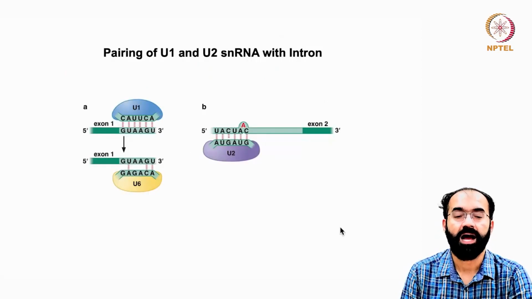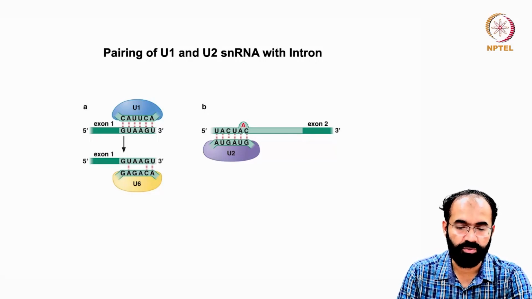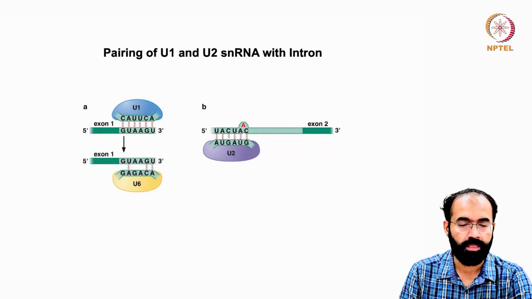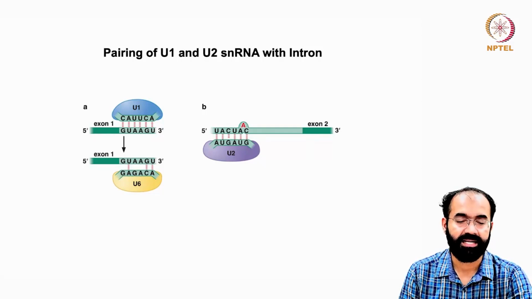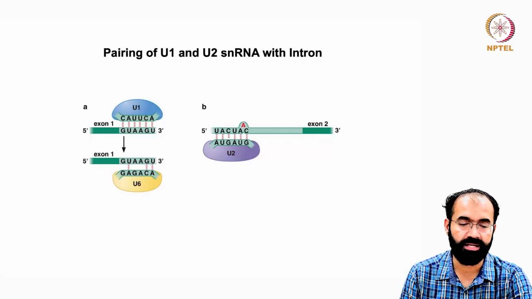Now let us see how the pairing is taking place. The U1 and U2 snRNAs, how are they assembling on the intron? We all know by now that U1 is the first one to join the complex, and it binds onto the exon intron boundary simply by sequence pairing.